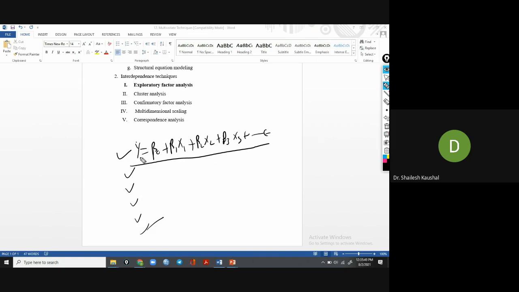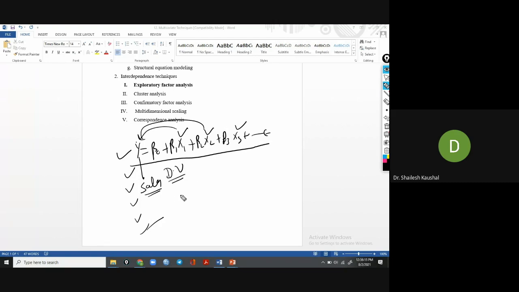For example, here y, that is sales, is the dependent variable, and sales depends on many independent variables like x1, x2, and x3. All three variables are affecting the sales. Now sales is the dependent variable.